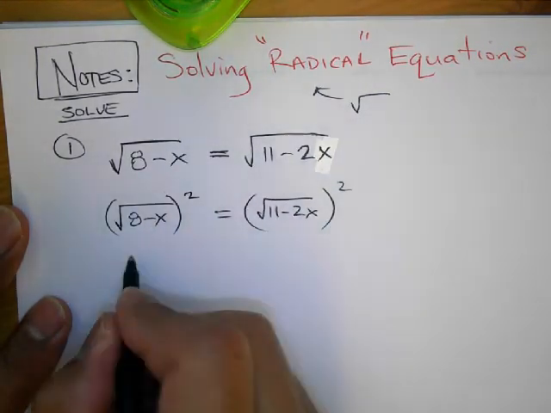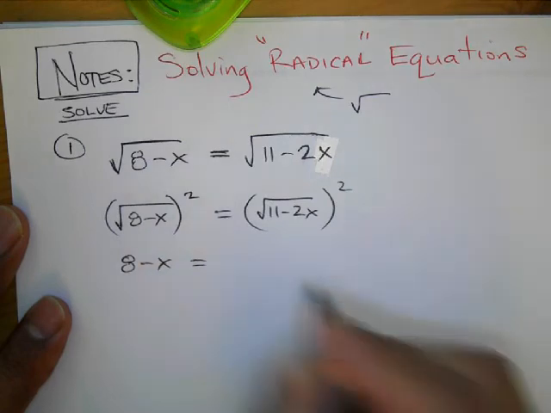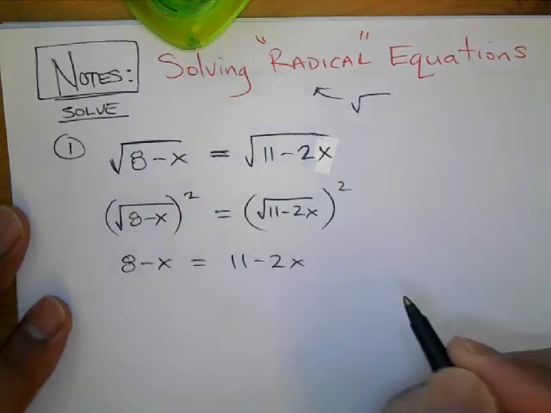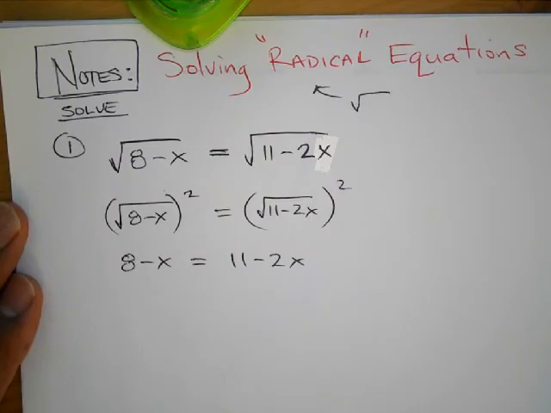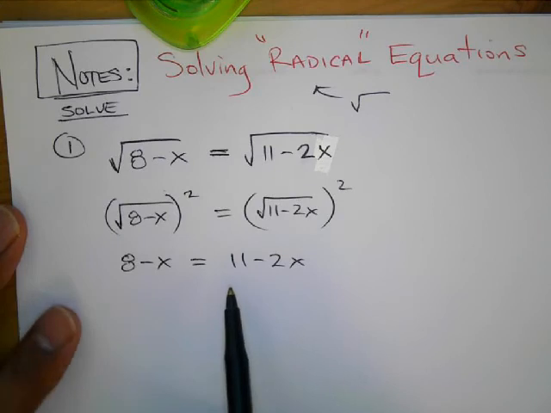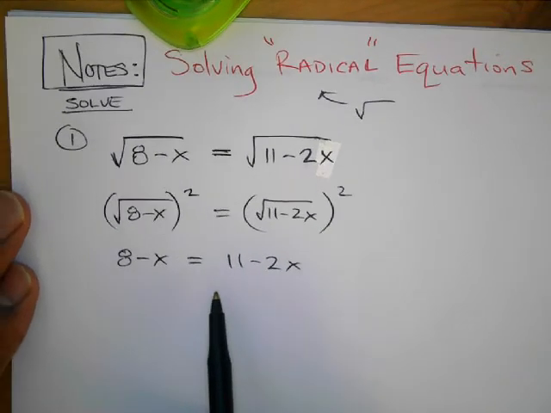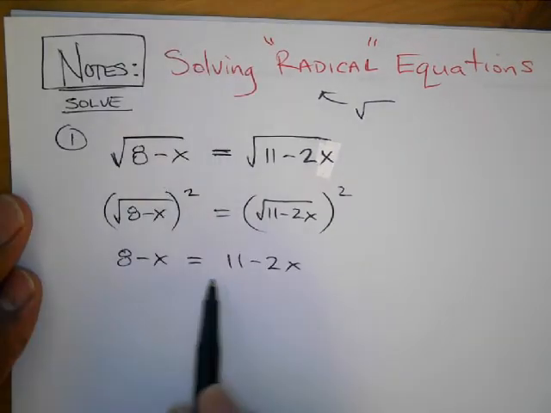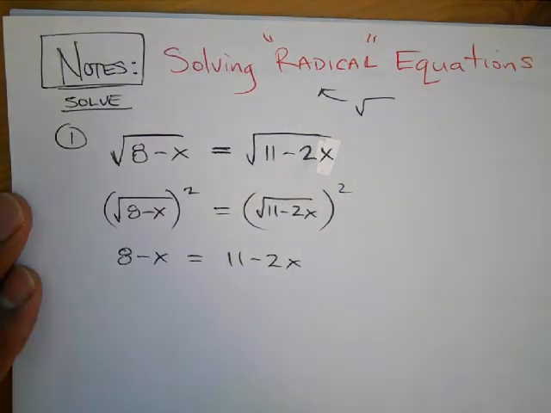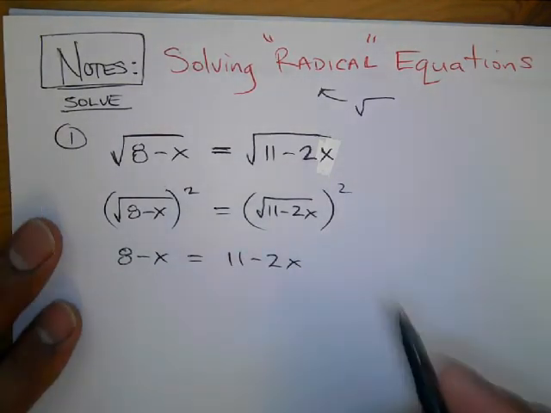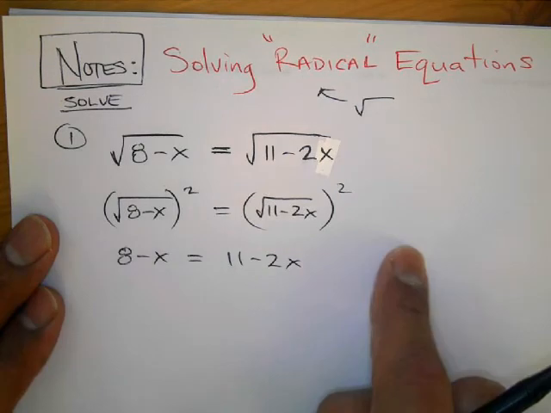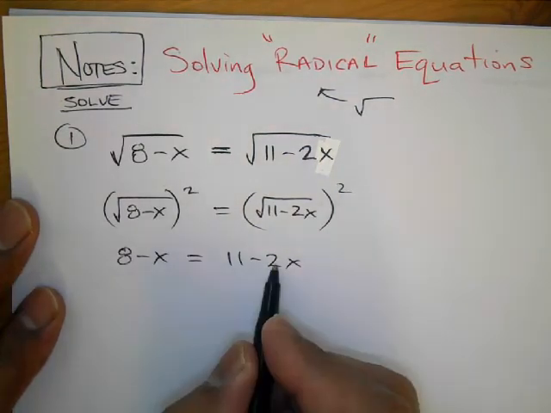So you're pretty much left with 8 minus x equals 11 minus 2x, and then you just solve for x. This is where students begin to be careless, so be careful, don't make silly mistakes. Move all the variables to one side, all the numbers to the other side.